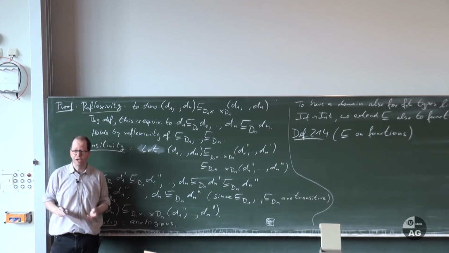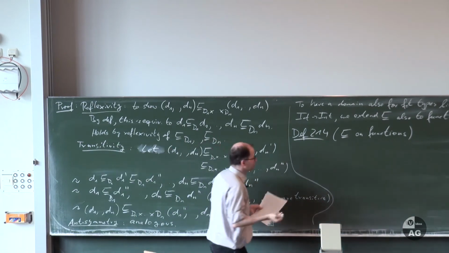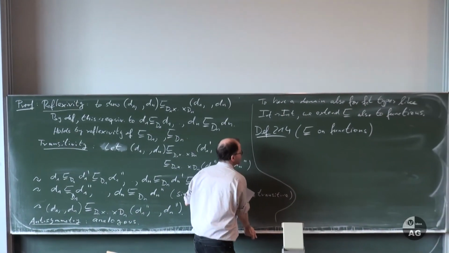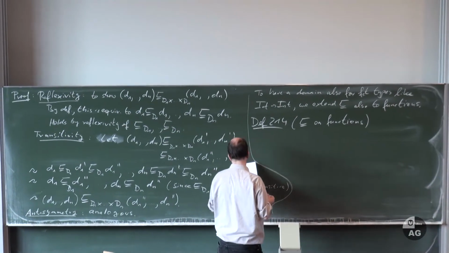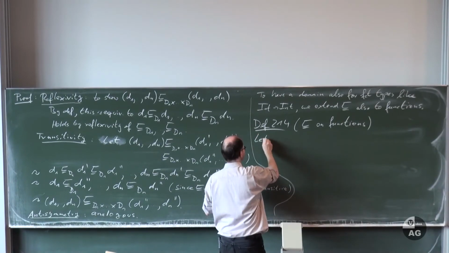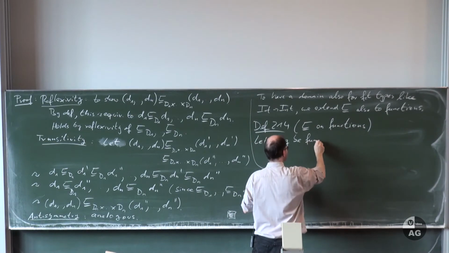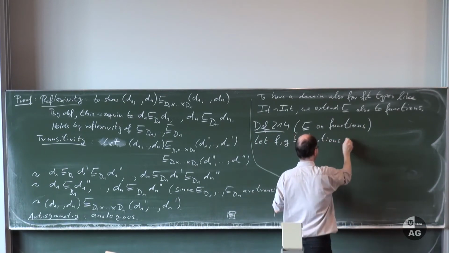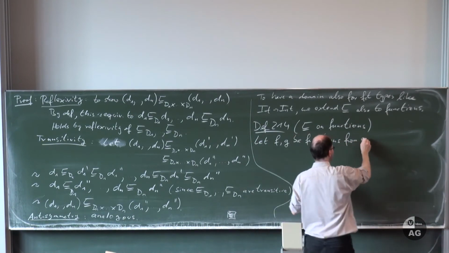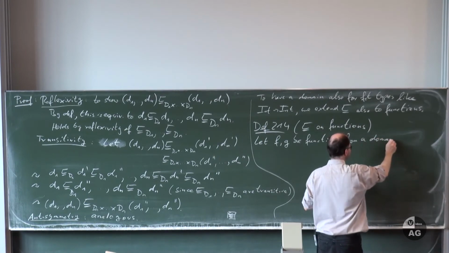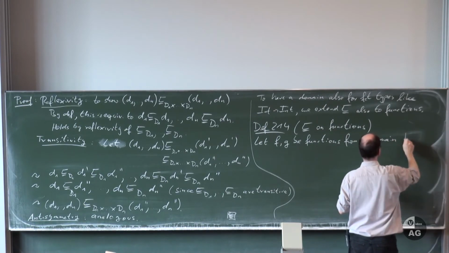And we have to do this for every argument. If this is the case, then we say that the first function f is less defined or equal to g. So let f and g be functions from a domain D1 to a domain D2.